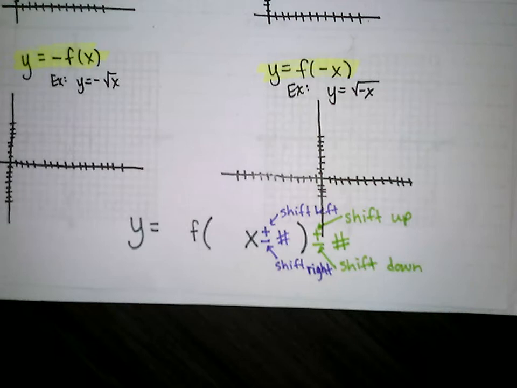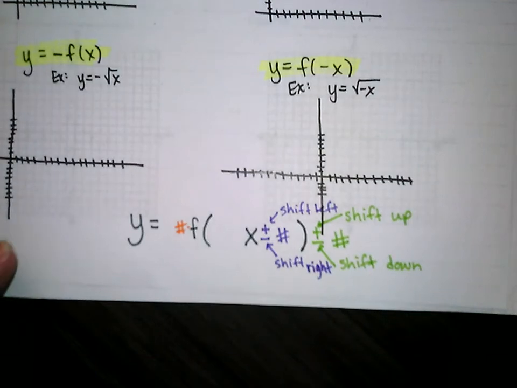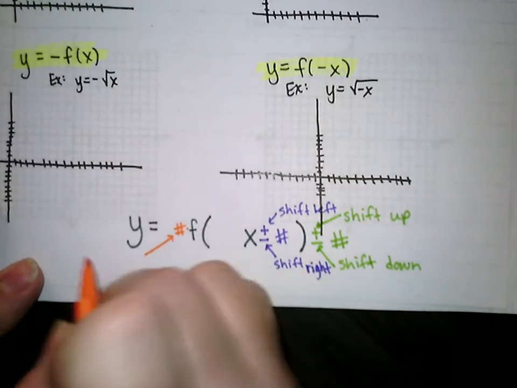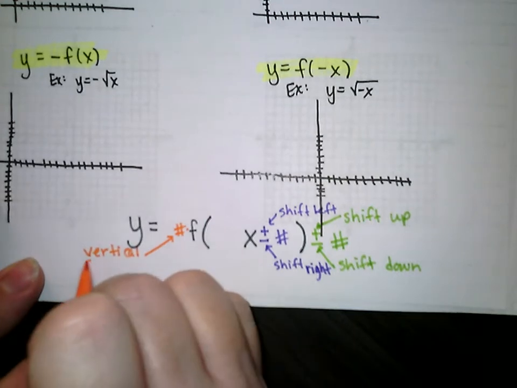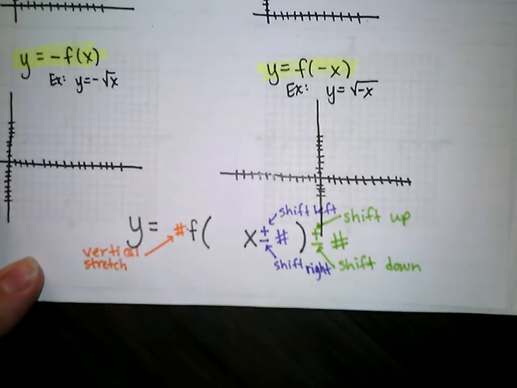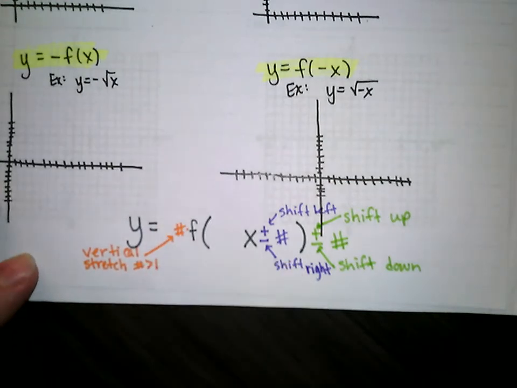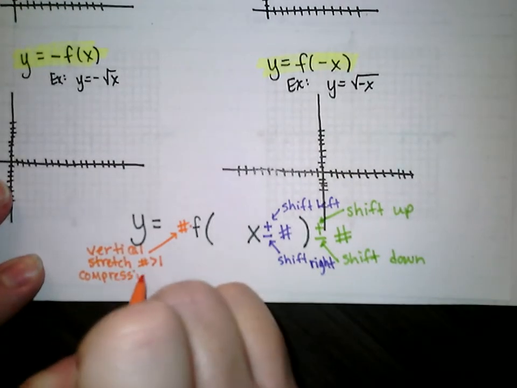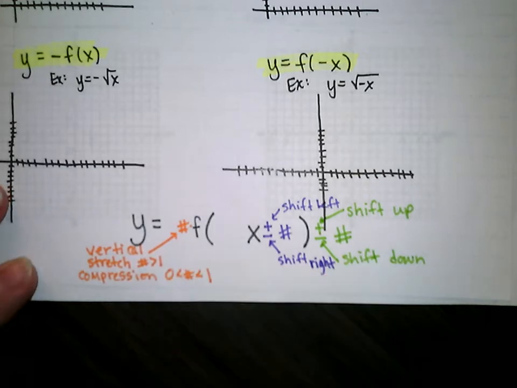When we have a number multiplied out in front like that, that is going to give us a vertical stretch or compression. It's going to be a stretch if that number is bigger than 1, and it is going to be a compression if that number is bigger than 0 but smaller than 1.